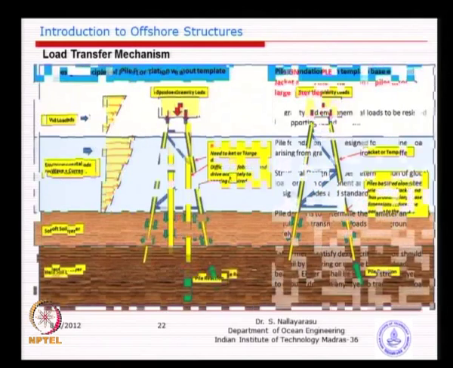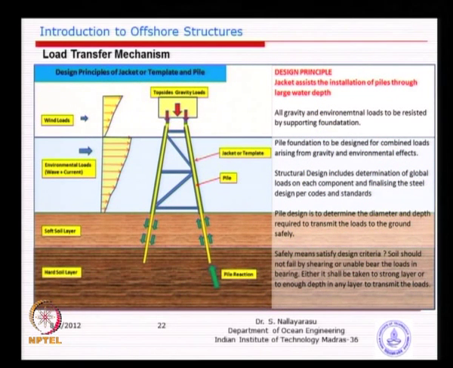Now you see here, while doing so, you could see this load transfer mechanism: instead of vertical columns, a widened column base to reduce the load. If you imagine you make it vertical, the load on this will be smaller or larger? It will be larger, because the base is smaller. We can easily do a simple hand calculation.